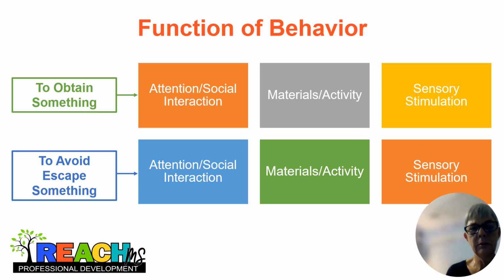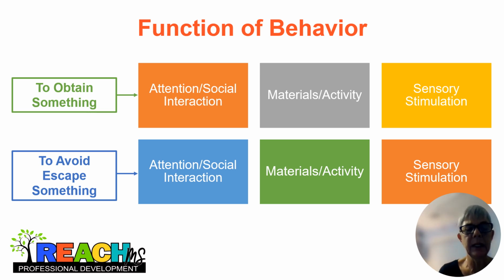I'm going to be more likely to crumble up my paper and throw it across the classroom because I know then that I'm going to get to avoid or escape having to do hard math problems. And so having a basic understanding about why kids do certain things is going to help us as the adult in the classroom know the best way to respond.